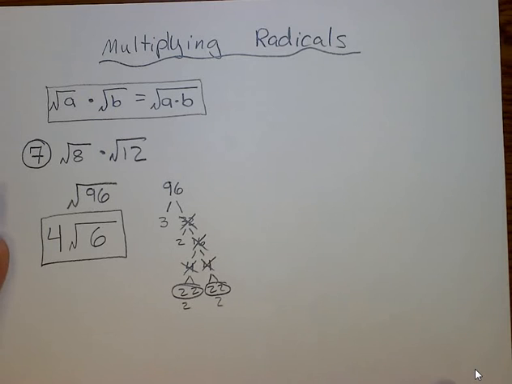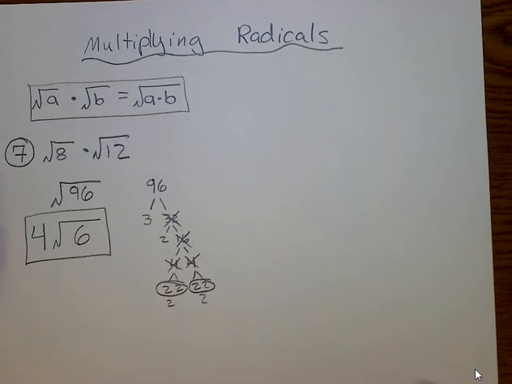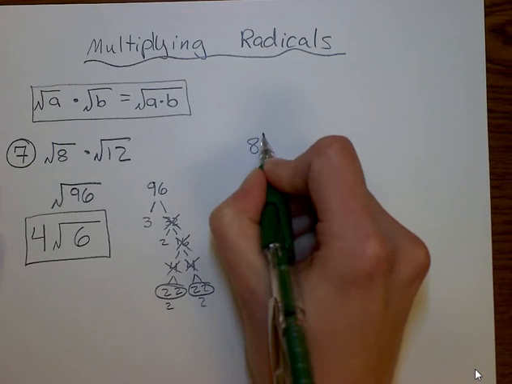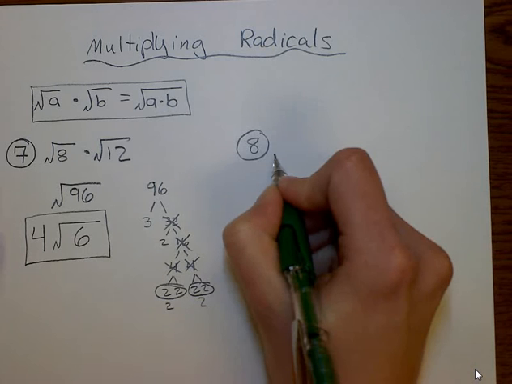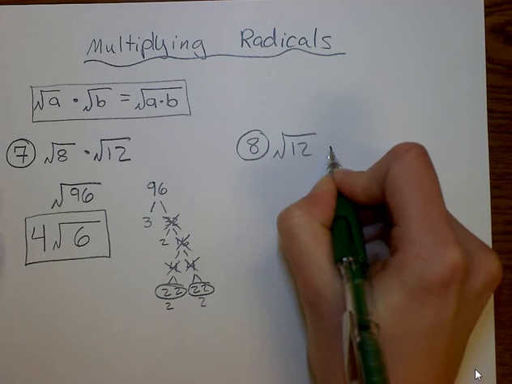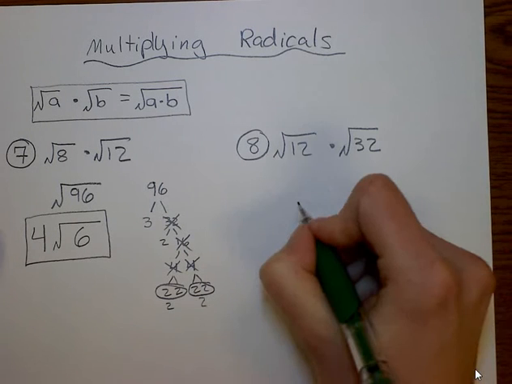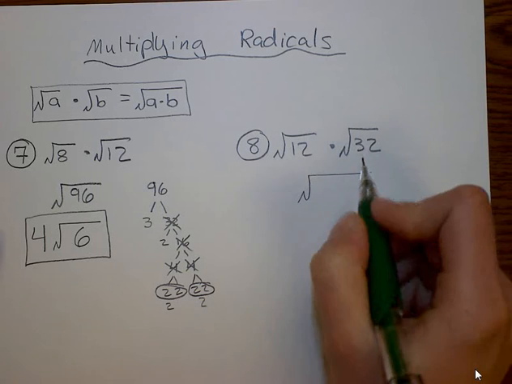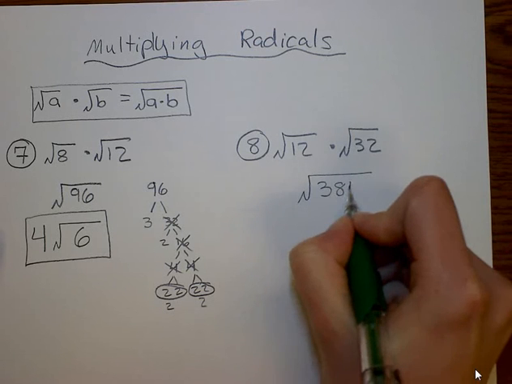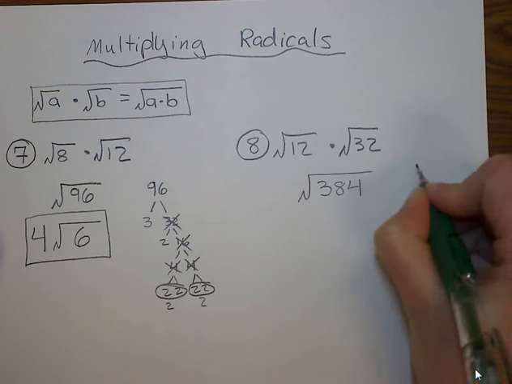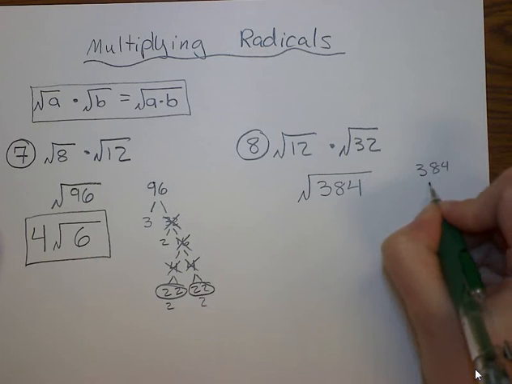To practice multiplying a little bit more, I want to show you another example like this one. So number 8 is the square root of 12 times the square root of 32. Again, if they're being multiplied together, you can combine them into one and just multiply 12 times 32, which is 384. So you have 384, and you start breaking it down.